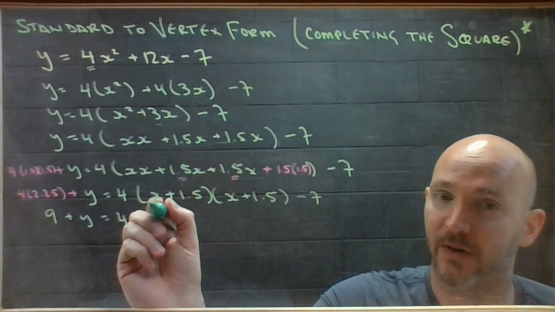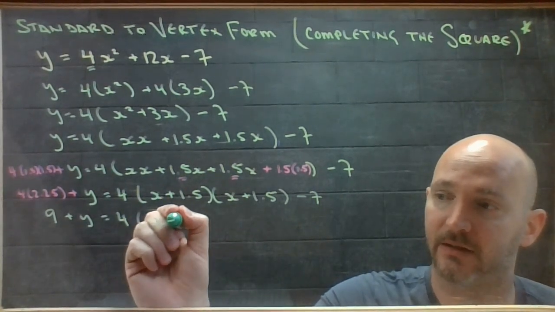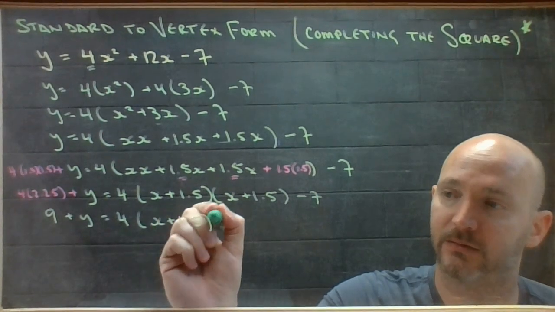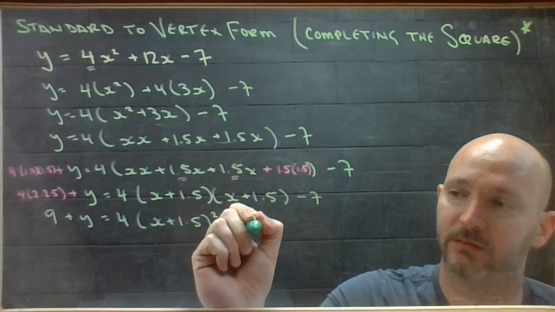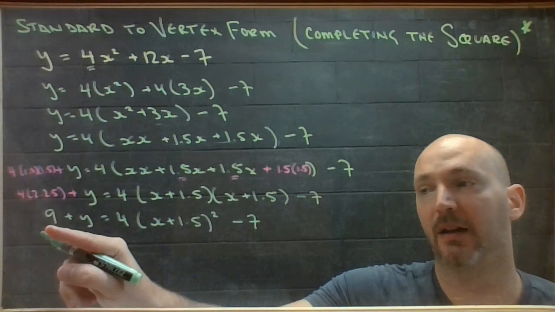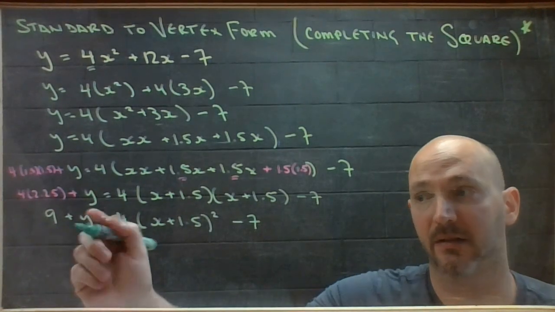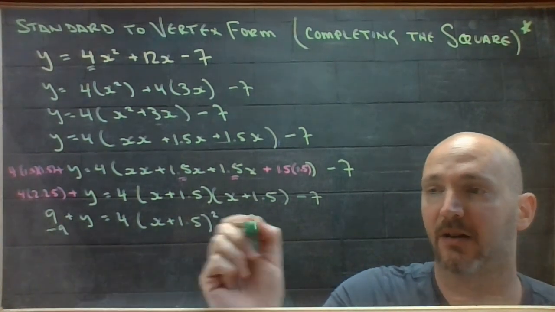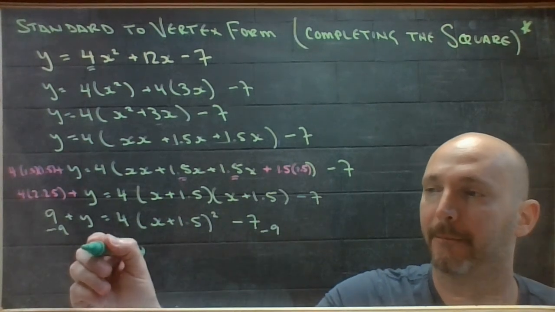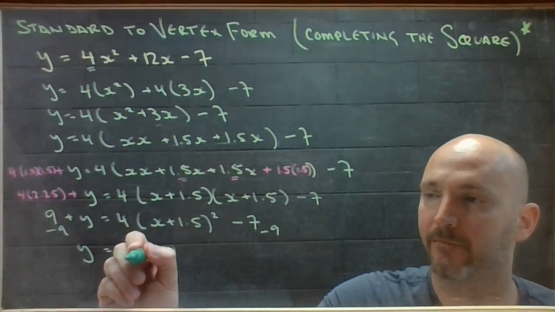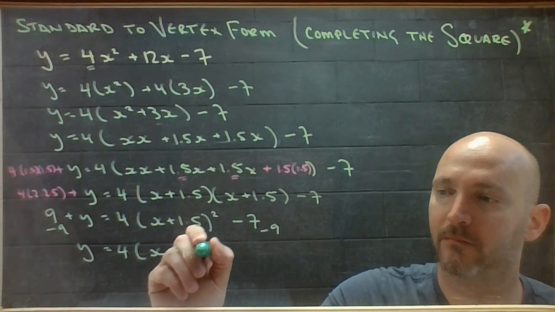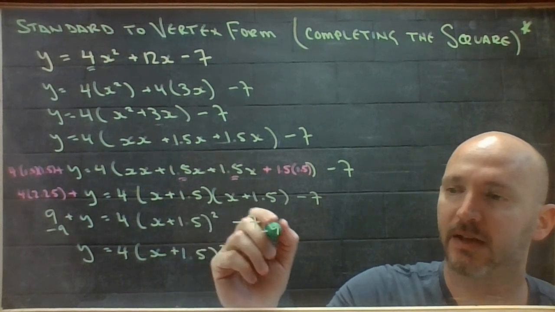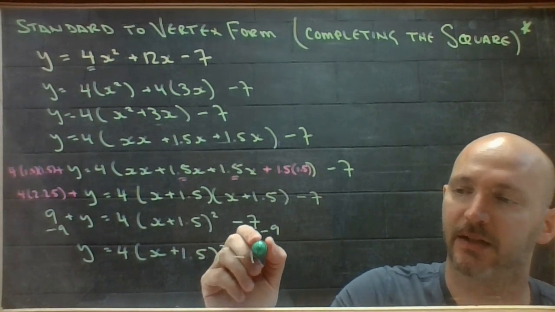The whole reason for engineering this was that I could write it like so. And this 9 isn't supposed to be here, so I'm going to have to subtract it off to get it back over here. -7, subtract 9, it's -16.